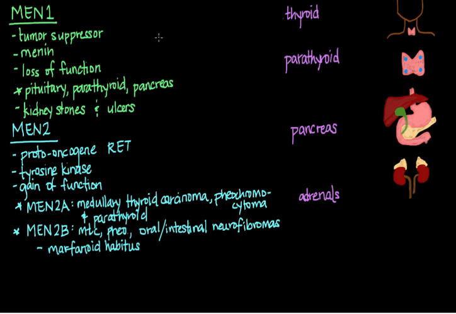And so there's your overview for MEN syndromes. You have MEN1, which is associated with pituitary, parathyroid, and pancreatic tumors, and then MEN2A and 2B, which are associated with medullary thyroid carcinomas and pheochromocytomas, and then MEN2A with parathyroid tumors, and then MEN2B with neurofibromas.